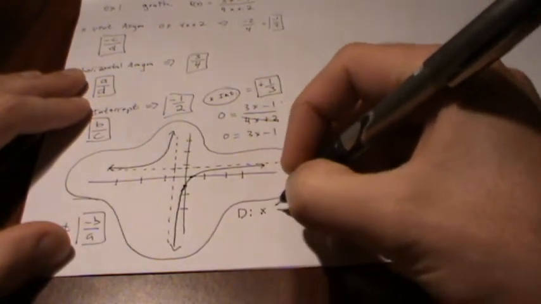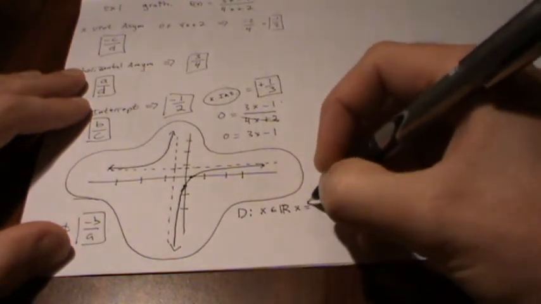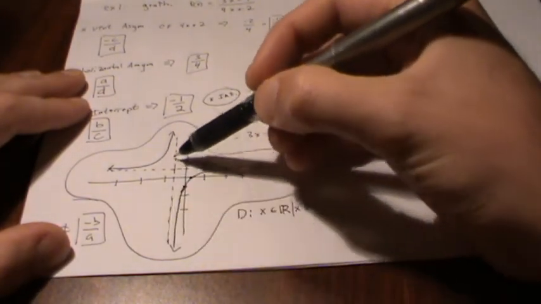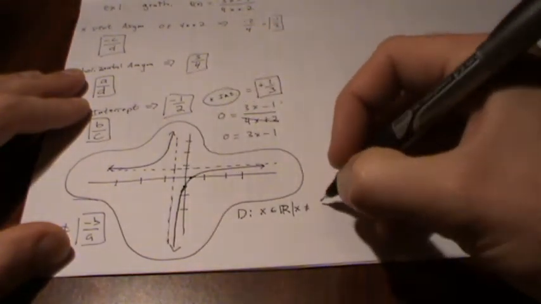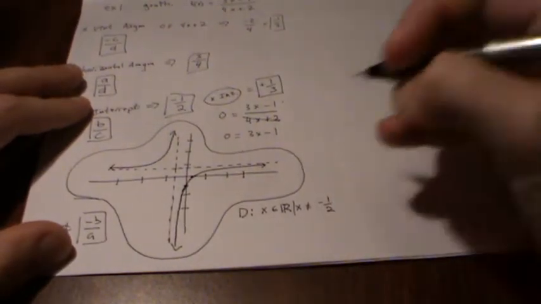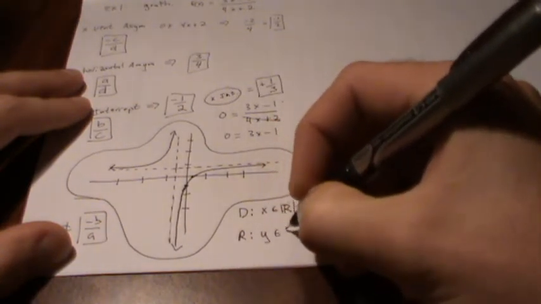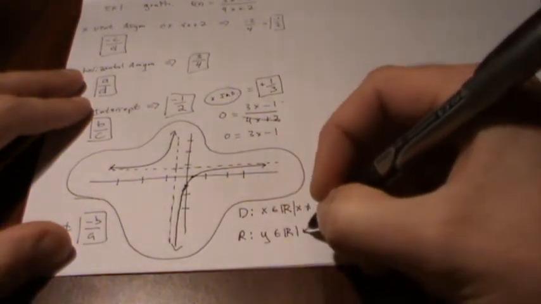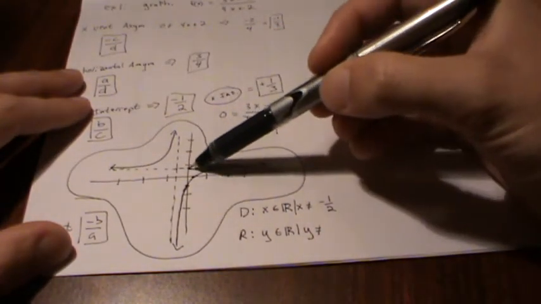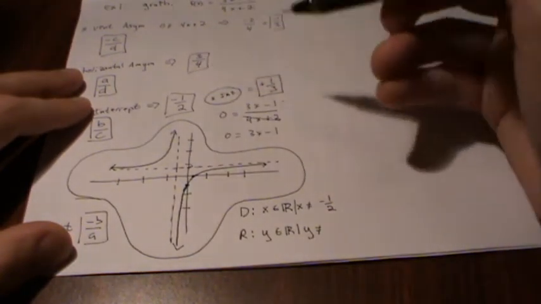Now before I move on, I'll talk about the domain. The domain is x is a real number such that x cannot be, the only x value that we cannot achieve is negative 1/2. Okay, and the range is y is a real number such that y cannot be, the only y value that we can't achieve was right here at 3/4.